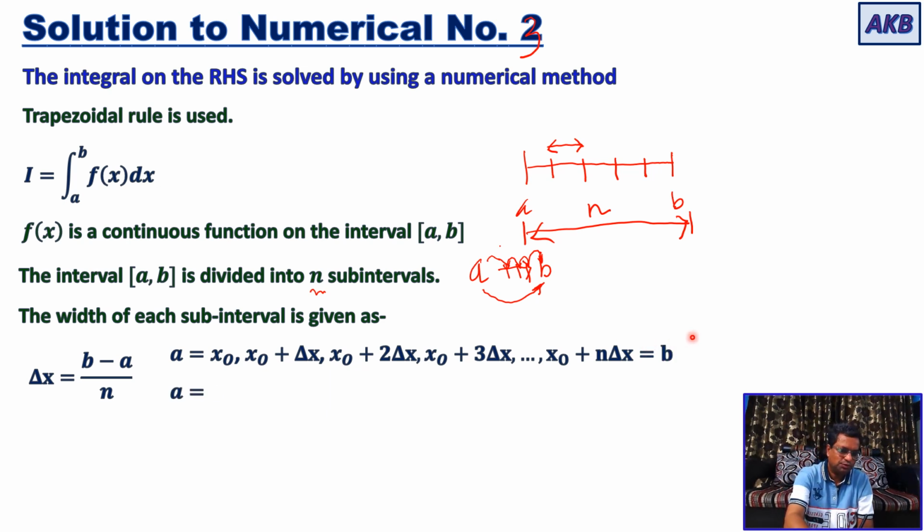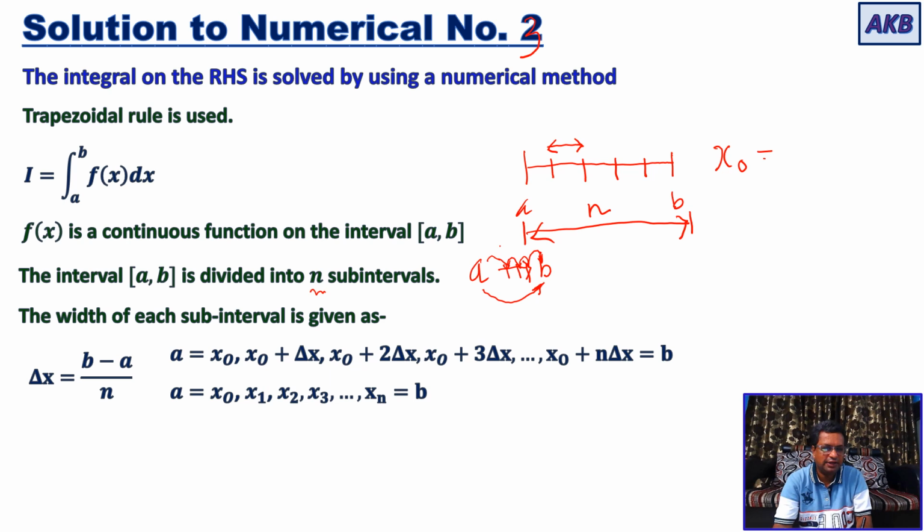The other way of writing it is like this: a is x0, x1 is x0 plus delta x, x2 is x0 plus 2 delta x. Or you can also write it like this: you have x0, that is a. Next value of x will be x0 plus delta x.